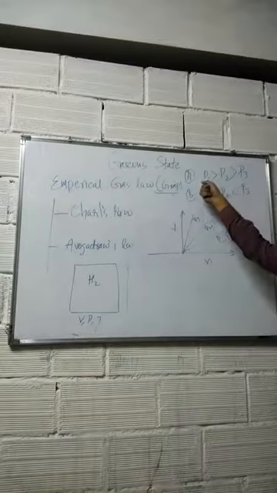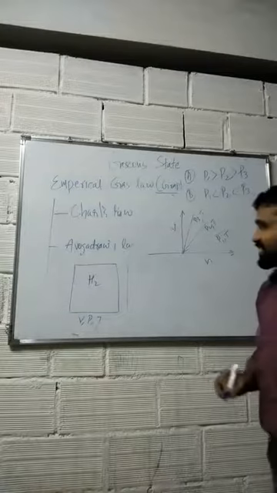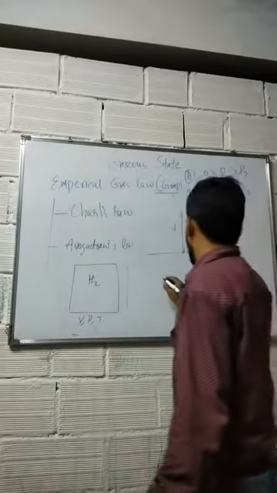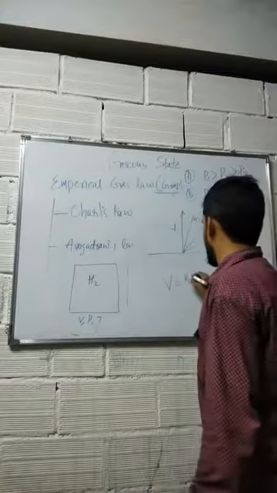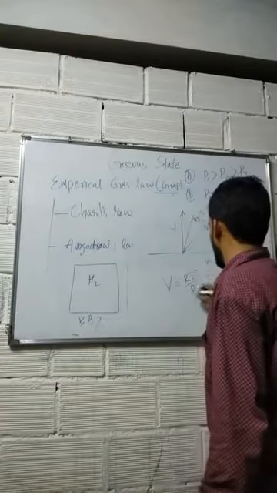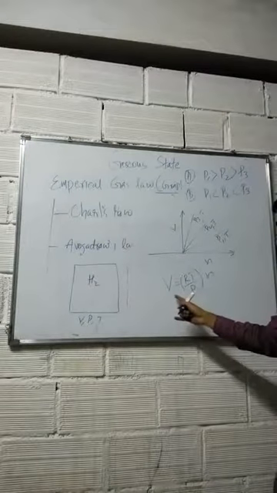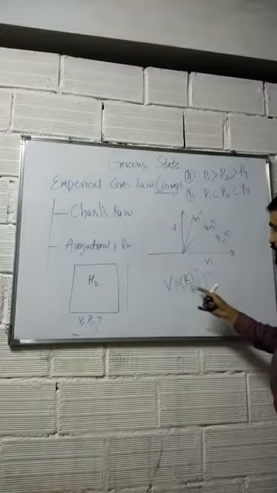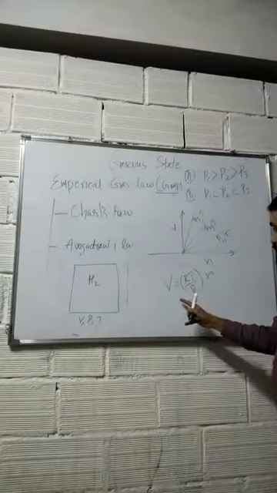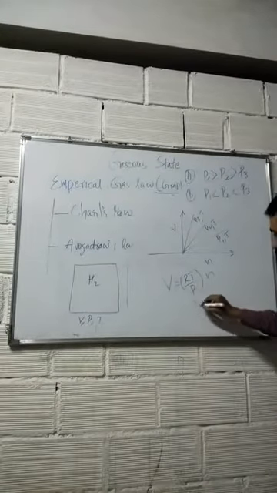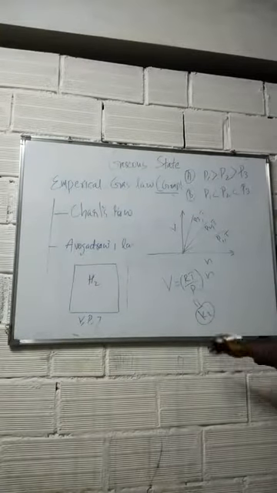In this case also you can explain with the help of V is equal to nRT by P. If you rearrange, V is equal to RT by P times n. That is, this is K3, that is the slope.